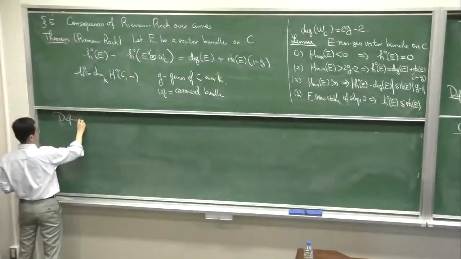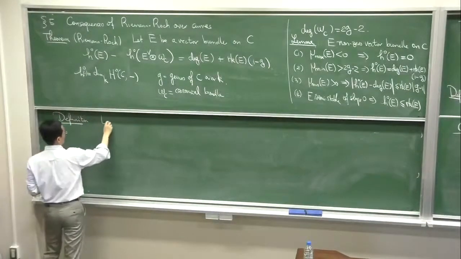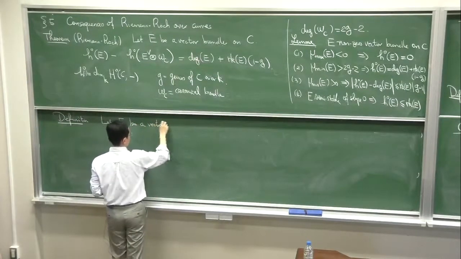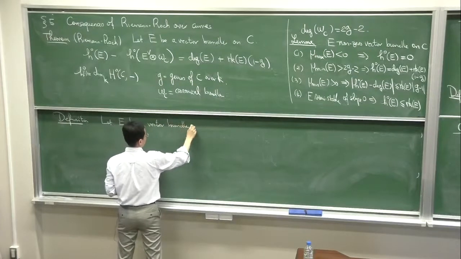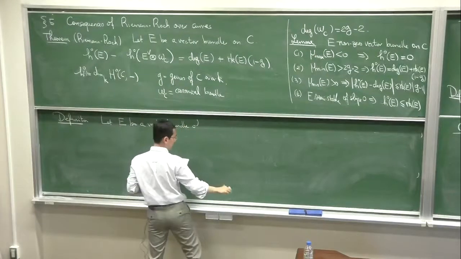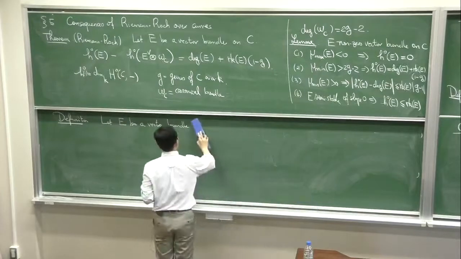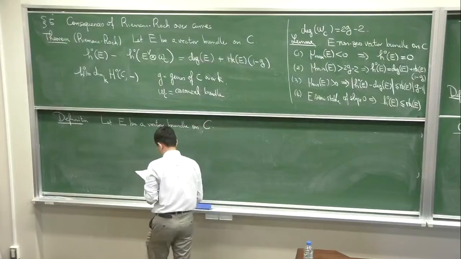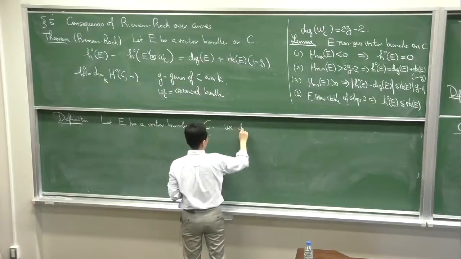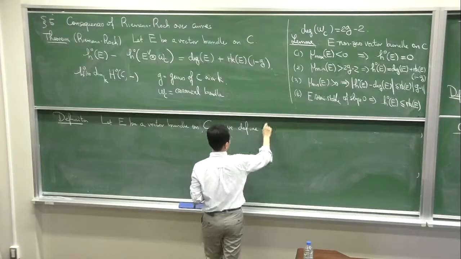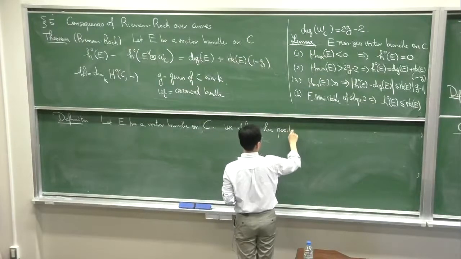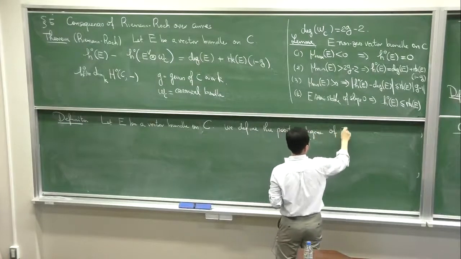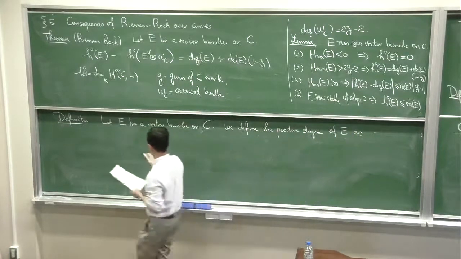So the definition. Let E be a vector bundle on C. It could be of rank 0. We define a positive degree of E as follows.